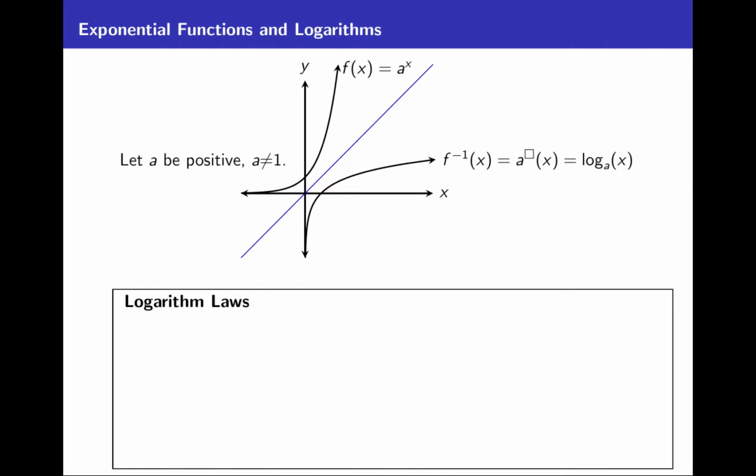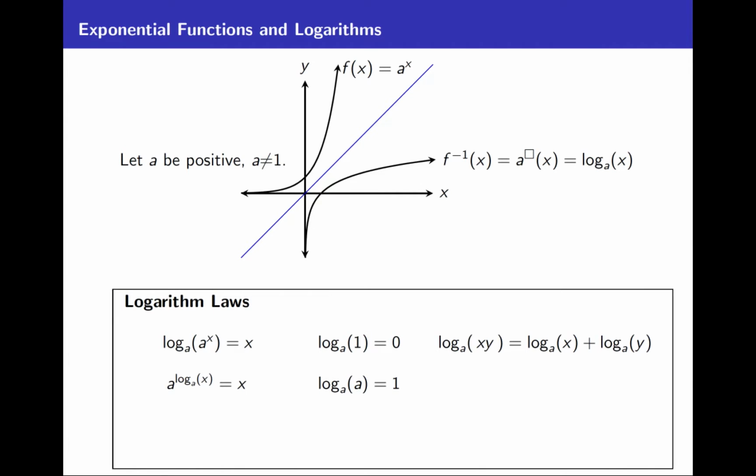As we discussed last time, logarithms satisfy a host of laws. Log base a of a to the x equals x. A to the log base a of x equals x. Log base a of 1 equals 0. Log base a of a equals 1.